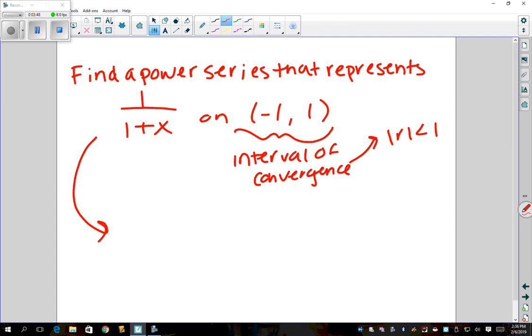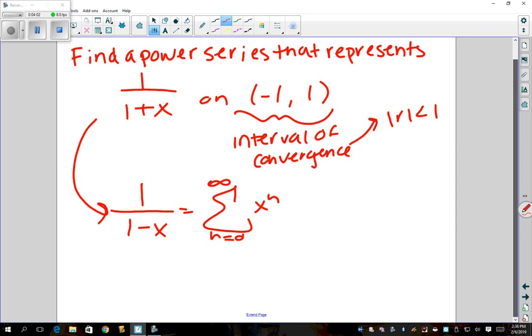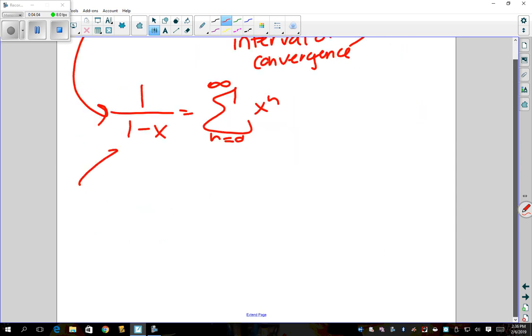So looking at this, the only series I know is 1 over 1 minus x, and I know that's equal to the sum n equals 0 to infinity of x to the n. So when I'm looking at 1 over 1 plus x, I need to rewrite it to get it back in terms of 1 over 1 minus x.